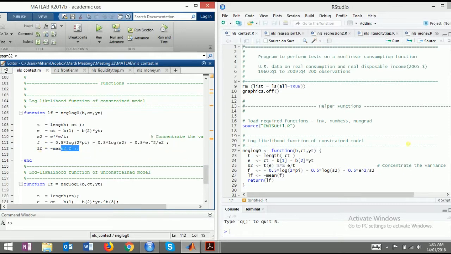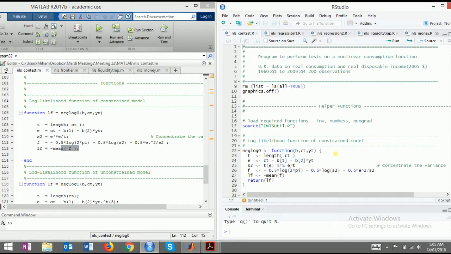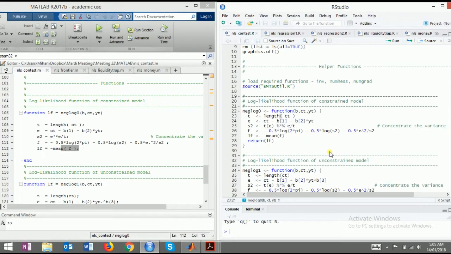So how do you do it in R? We do it in the same manner for the constrained model. Okay, there is no simulation here. Just to start with, there is no simulation. So we are estimating the beta consumption function, ct and yt. T is the length of ct, fine, and e is the equation of the consumption function with the residual on the left hand side.